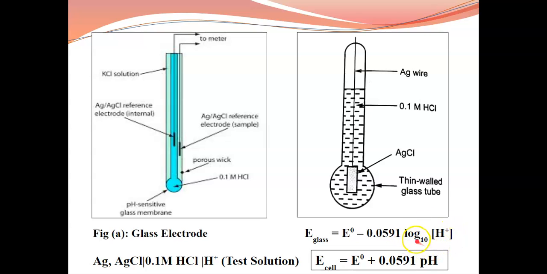So we are going to remove this log to the base 10 of H plus ion, and also the minus sign we can replace it with plus because we are simply writing pH in place of it, because pH is equal to minus log to the base 10 of H plus ions. So these are the ways in which the Nernst equation can be written for the glass electrode.